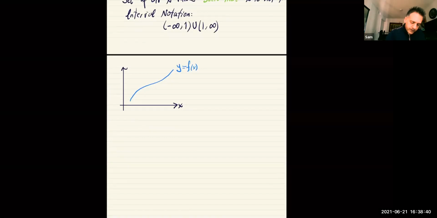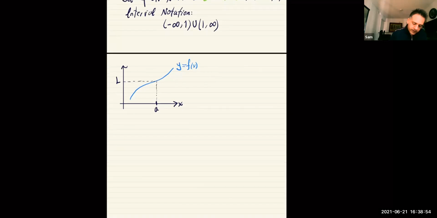Let's say that here is A and this is L. For this function, f of A exists. F of A is L. If there was a hole here, then f of A wouldn't exist. I will draw that for you.